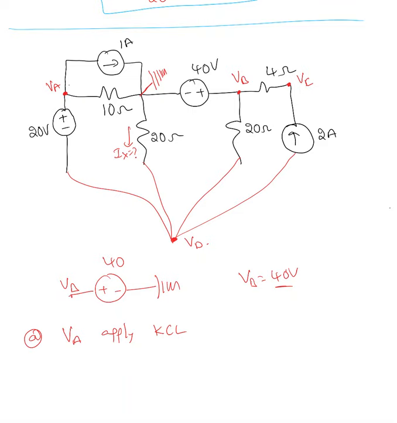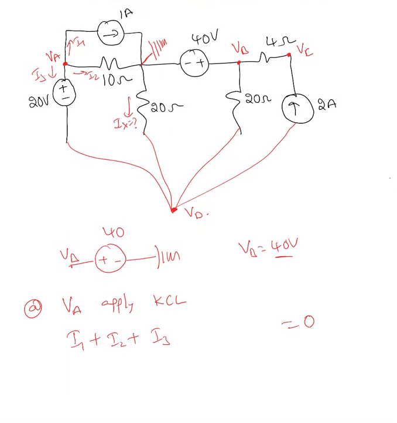I'm going to choose every current is going out. I1, I2, I3. So I1 plus I2 plus I3 equal to 0. What is I1? I1 is nothing but 1 ampere. What is I2? I2 is nothing but VA minus 0 over 10.